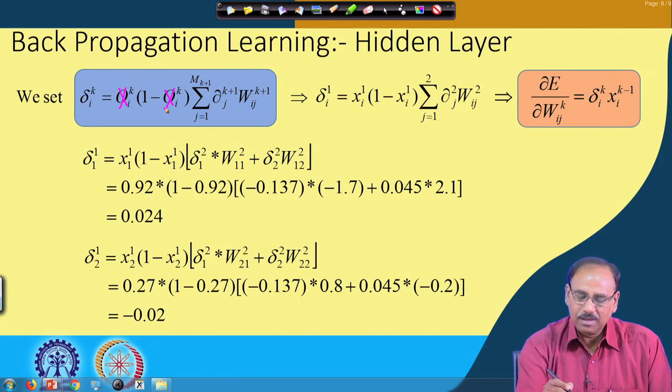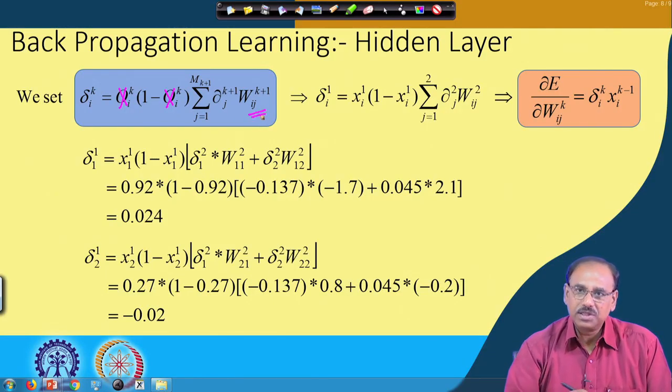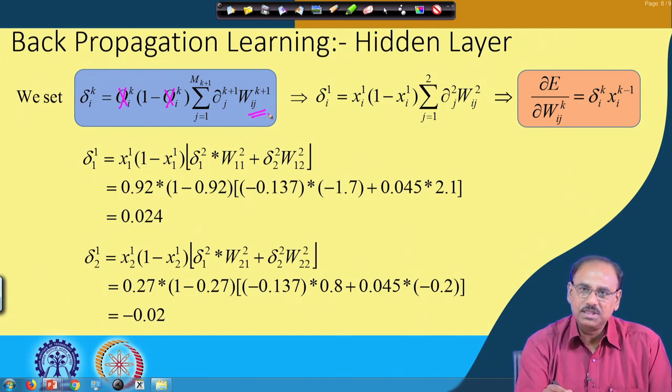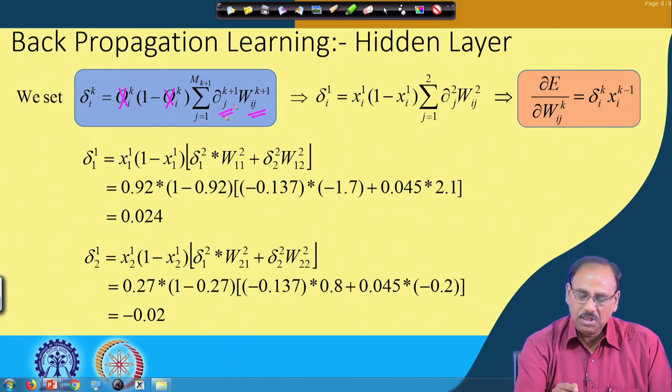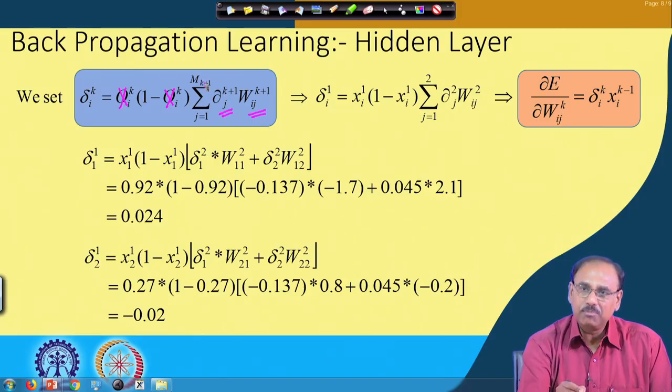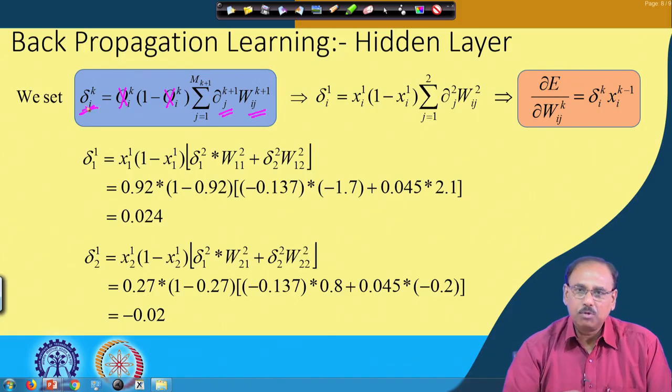You remember that wij k plus 1 is the connection weight from the ith node in the kth layer to the jth node in the k plus first layer, and this delta jk plus 1 is the error term which is propagated up to the jth node of the k plus first layer. So, this is being weighted by the corresponding weight, and you are adding them together to find out the propagated error at the ith node.